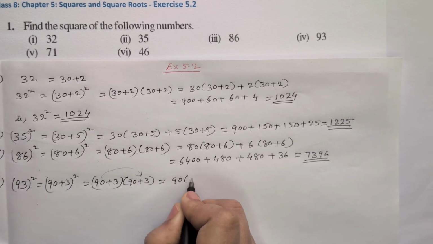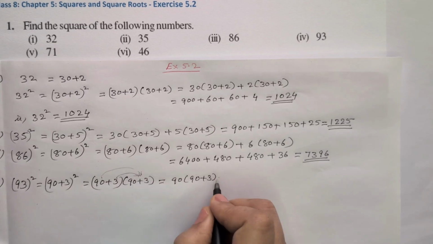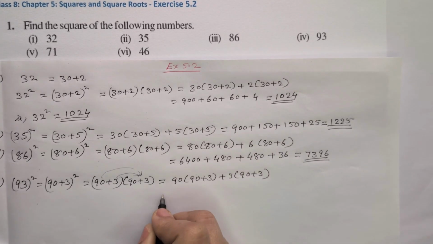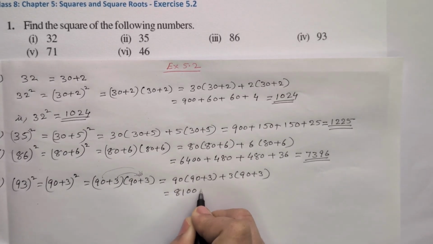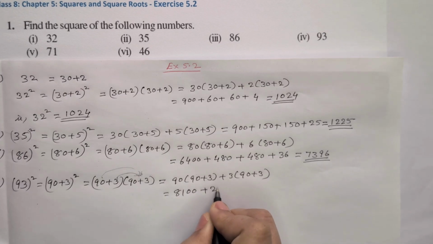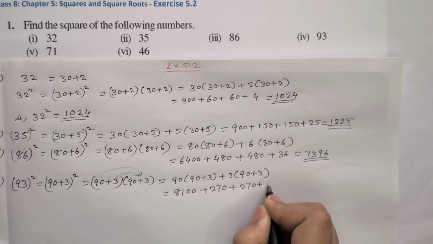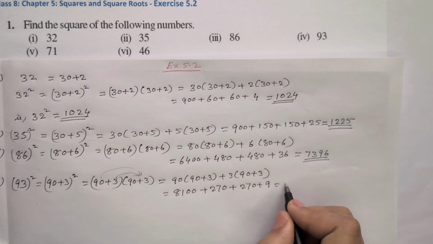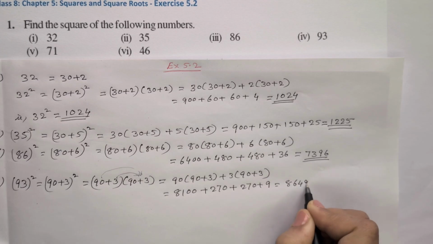So 90 into 90 plus 3, then with 3 also, plus 3 into 90 plus 3, which is equal to 90 into 90, 9 into 9, 81 and 2 zeros, plus 90 into 3, 270, plus 3 into 90, 270, plus 3 into 3, 9, which is equal to 8100 plus 270 plus 270 plus 9, which is equal to 8649.